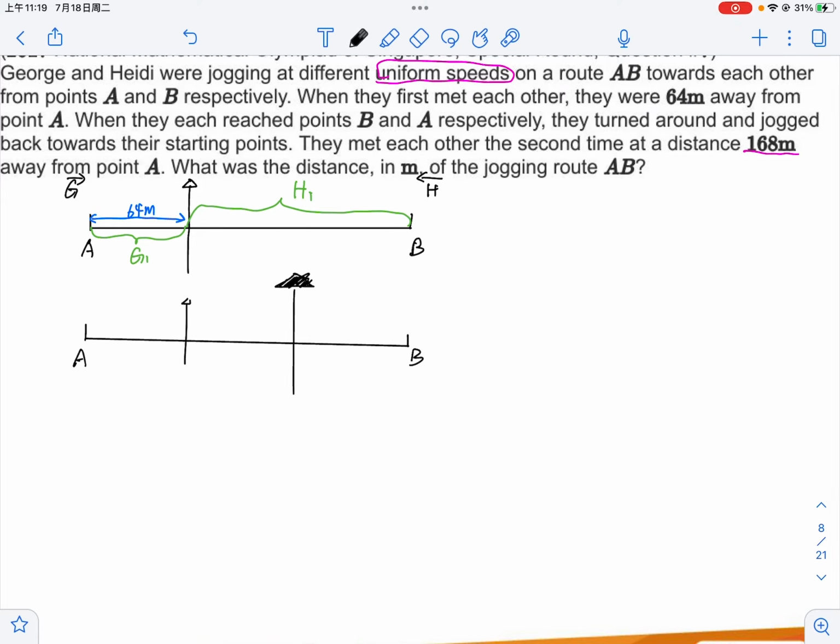So we also know this one is 64, and for the second time they meet, the distance between A and the meeting place is 168 meters. So this one should be 168 minus 64. It will be 102 meters.